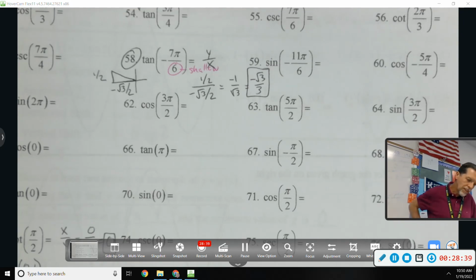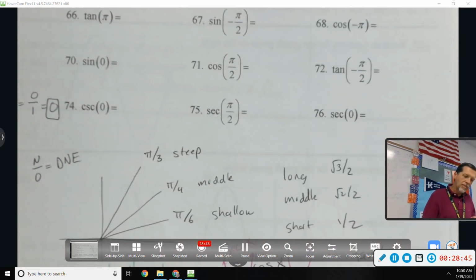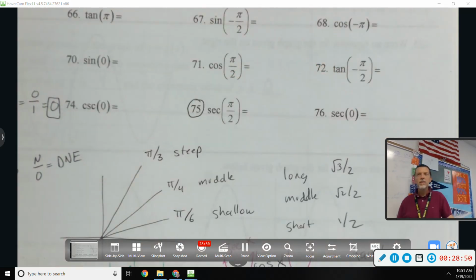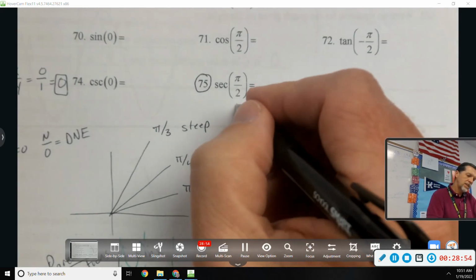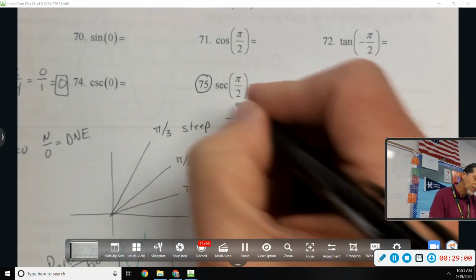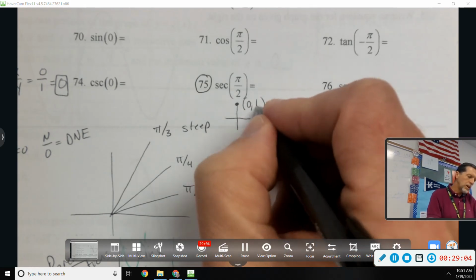Let's do one of the ones that's on a quadrant, like 75. Plus it's a secant. So what quadrant is pi over 2 in? 1. No, middle. Middle, between 1 and 2. Trick question. It's not in a quadrant. So that ordered pair then would be 0, 1.